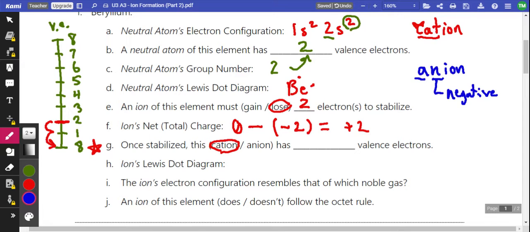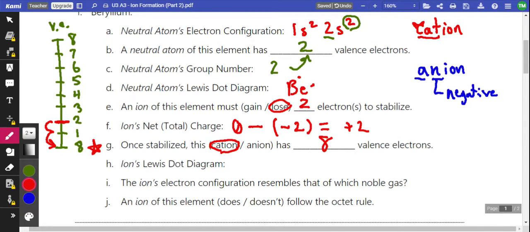So far, it's been a little easy up till now. We've lost 2 electrons. So we should be at 0 valence electrons, but we know that's not really how it goes. We're left with kind of the energy level before. So, usually we end up with 8 valence electrons doing this, just like how we drop down here.